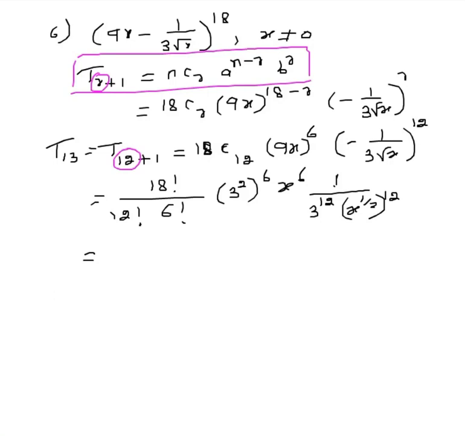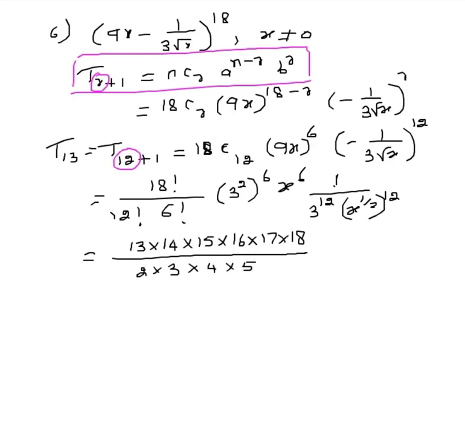Cancel 12 factorial, 13, 14, 15, 16, 17 and 18 divided by 6 factorial, 2, 3, 4, 5 and 6. This is 3 raised to 12, 3 raised to 12 are getting cancelled.